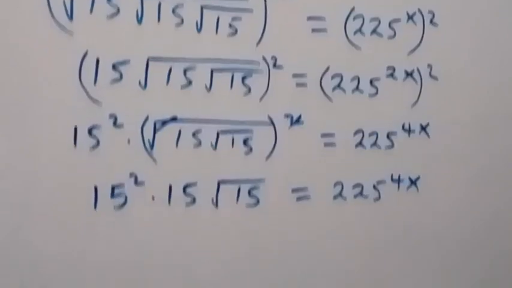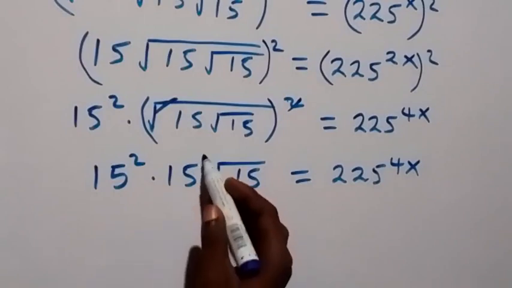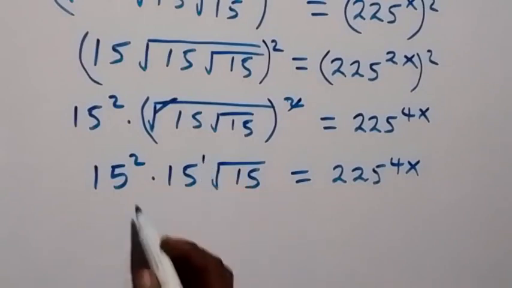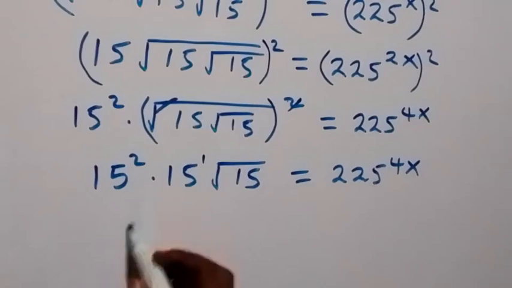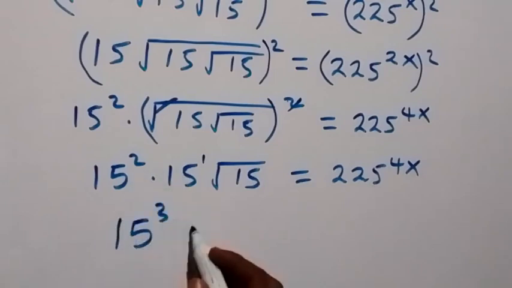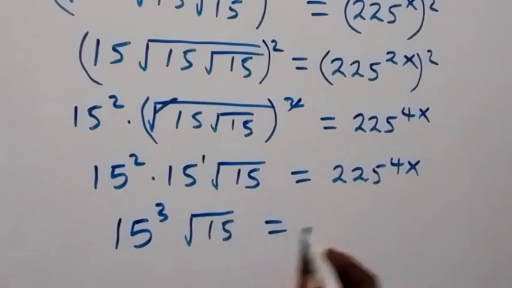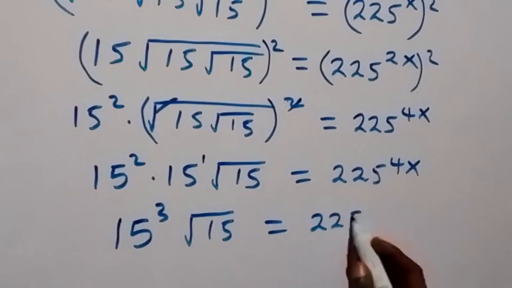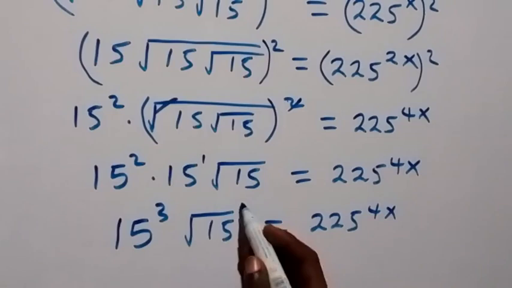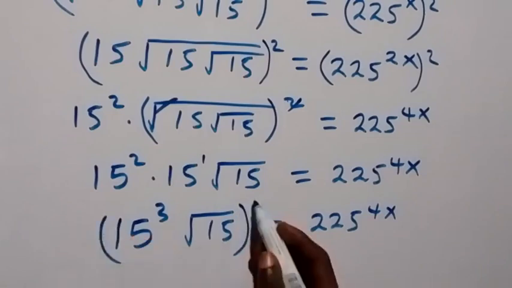Then from here, this is 15 raised to power 1, and from the law of indices, we can add the powers here, and that remains 15 raised to power 3, then times root 15 now equals 225 raised to power 4x. Then also, we can square both sides again from here.